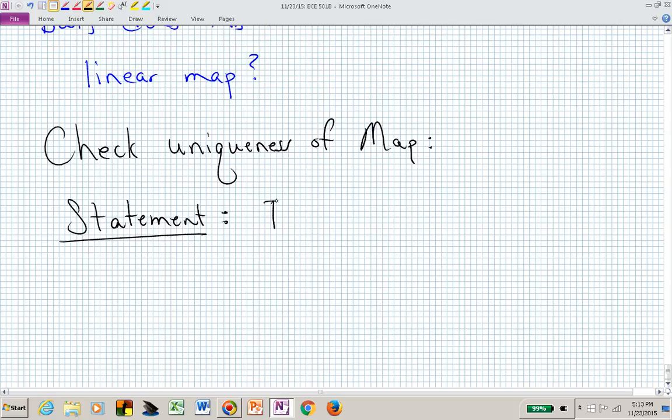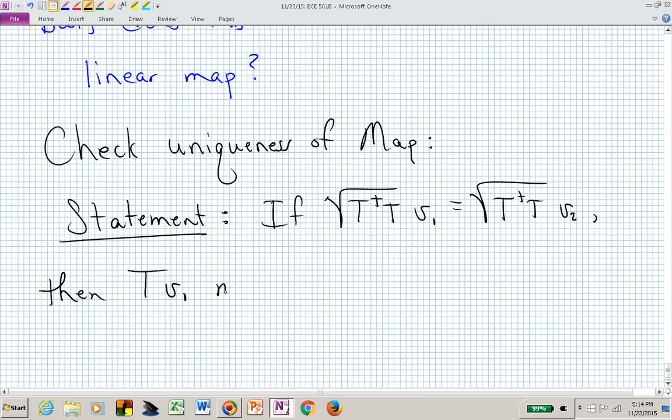Statement: if the square root of T dagger T v1 equals square root of T dagger T v2, then we better end up with Tv1 must equal Tv2.